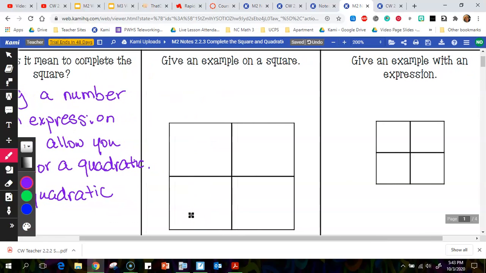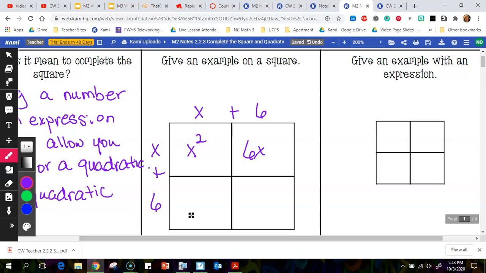Okay, let's give an example of completing the square on a square. So if I put x plus 6 up here, remember this is our box method too, and x plus 6 here, this is x plus 6 squared. So if we put our products in the boxes, and we did this one actually on that previous page, x times x is x squared.